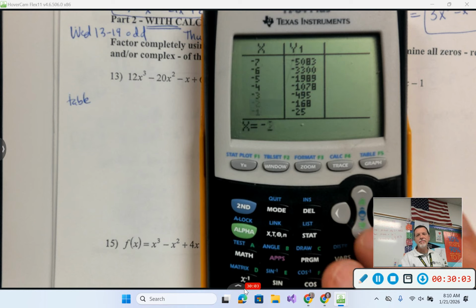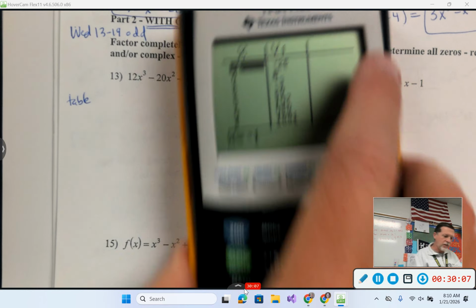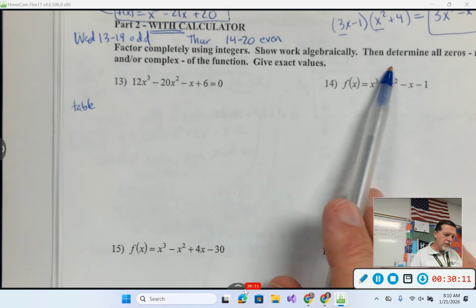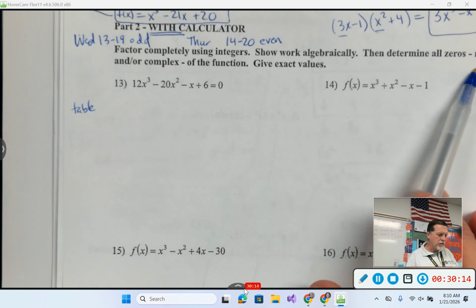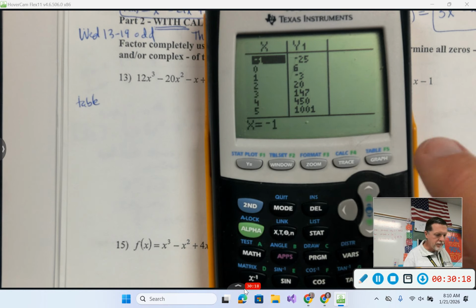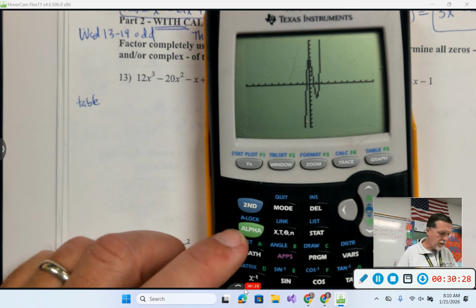Oh well, so no integer answers. Factor completely using integers, show work algebraically, determine all zeros. Okay, so I didn't find any on the table. Let's go to the graph. How many zeros are on the graph? 3. So I'll find all 3 from the graph.